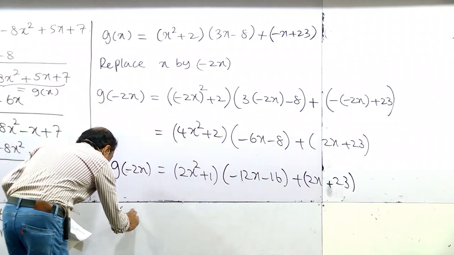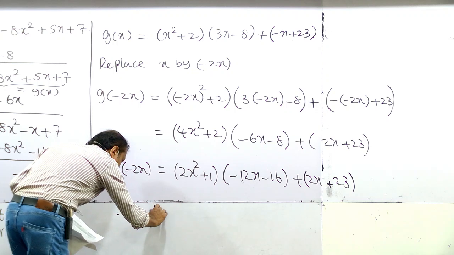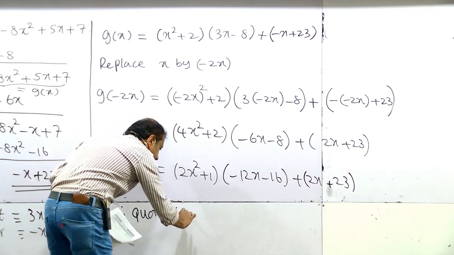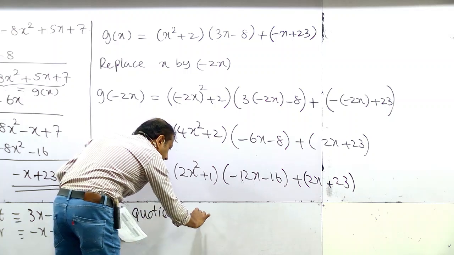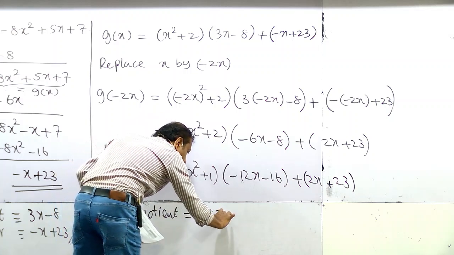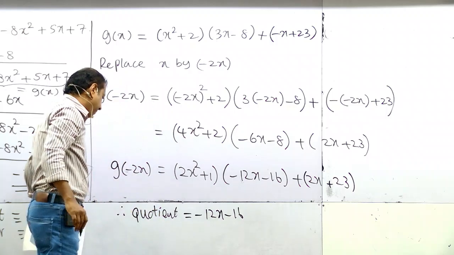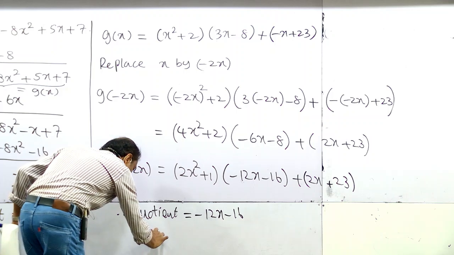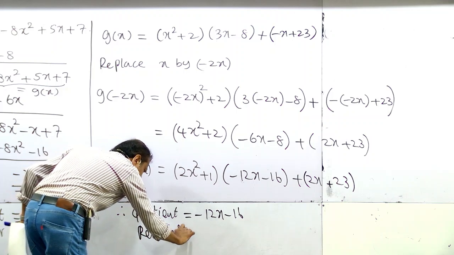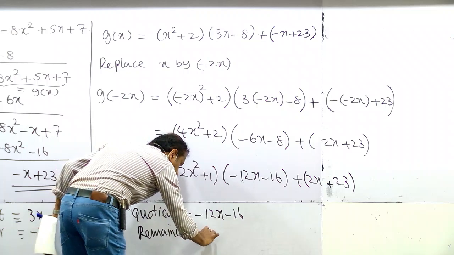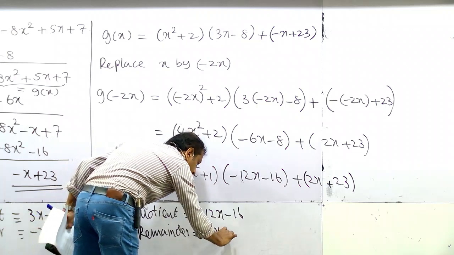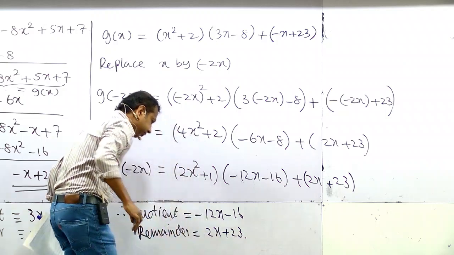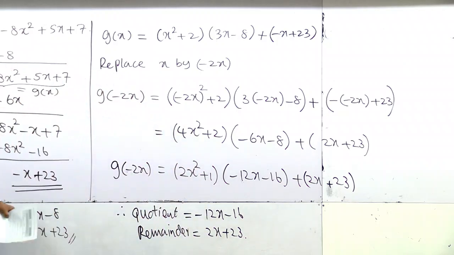Therefore, the quotient is minus 12x minus 16, and the remainder is 2x plus 23. Okay, right.